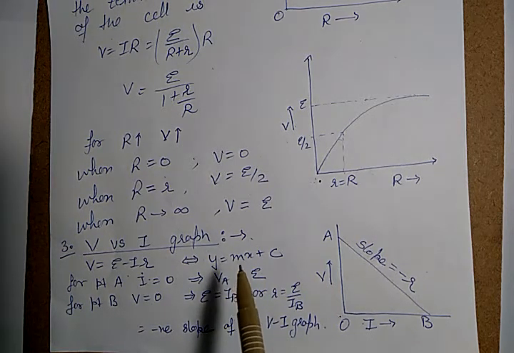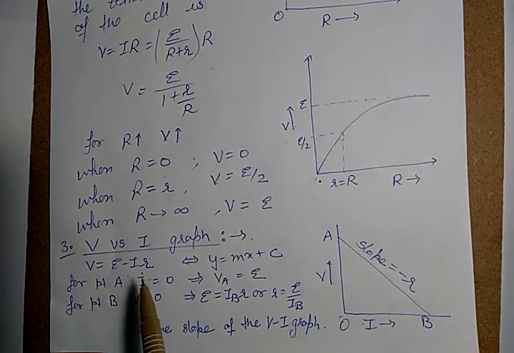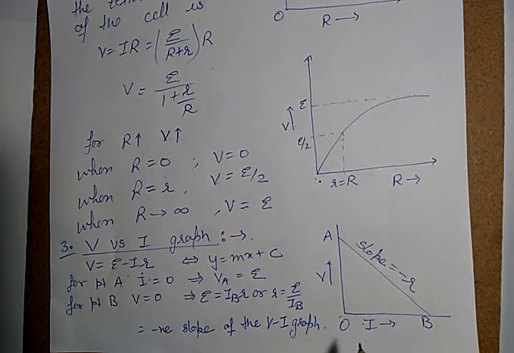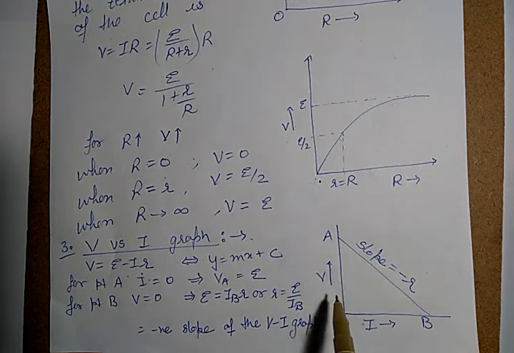We obtain that the slope of this line comes out to be minus r, x is I, that is current, y is the potential. So we are plotting a graph taking the observation current along the x-axis and the terminal potential difference along the y-axis.